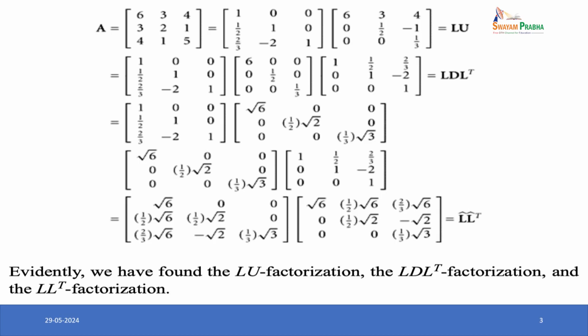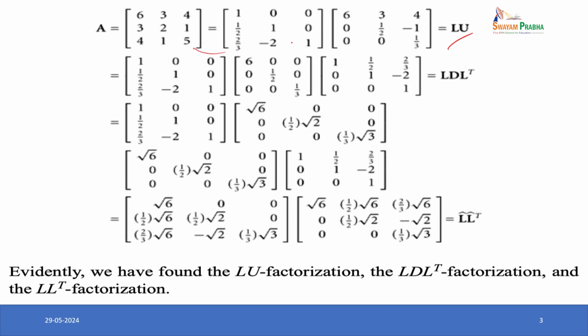Using this, A can be split into LU, that is, L with 1, 0, 0, 1, 0, 2 by 3, minus 2, 1, times U equal to 6, 3, 4, 0, minus 1, 0, 0, 0, 1 by 3. So this is the lower triangular into upper triangular, and this can be further split into L D L transpose. L you know, and U you know.